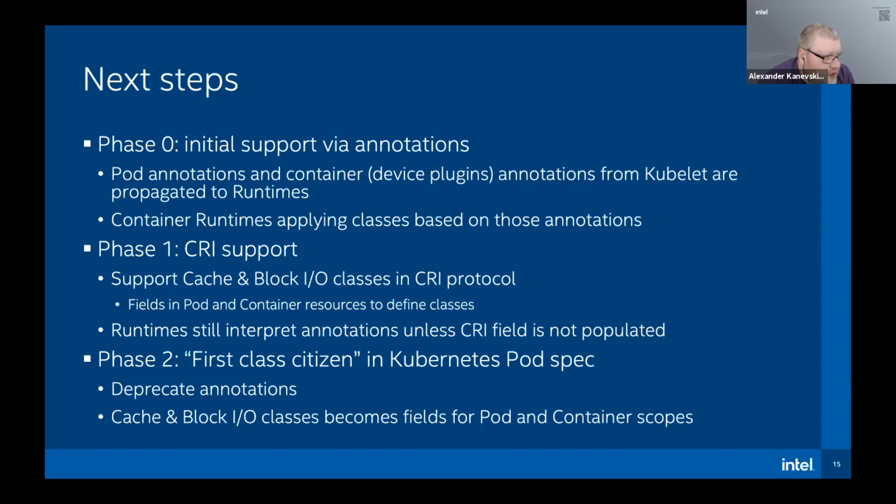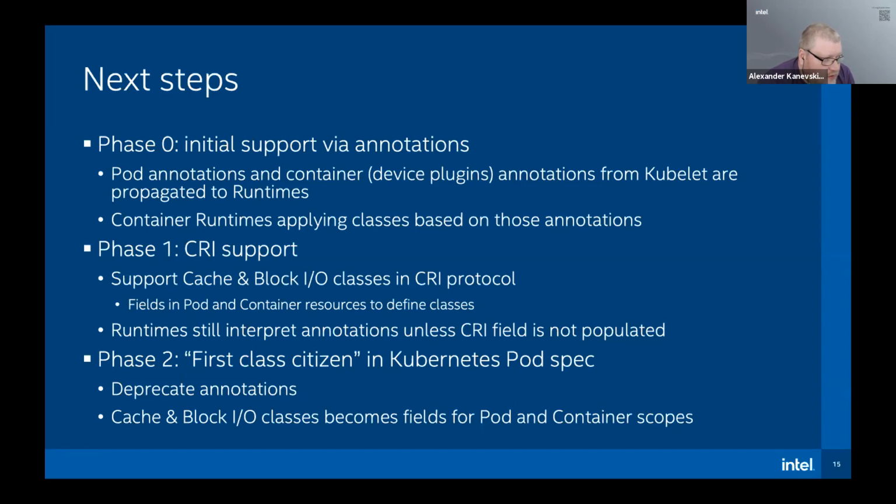The second stage would be to start adding those class fields in the protocols when Kubernetes is talking to runtimes. For the CRI protocol, it means we would like to have dedicated fields, like seccomp currently has for both container level and pod level.